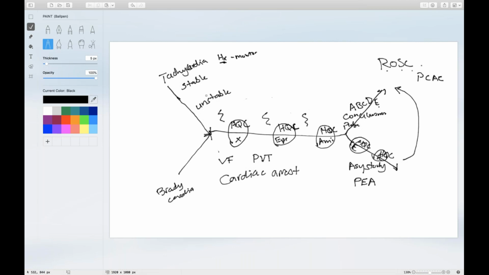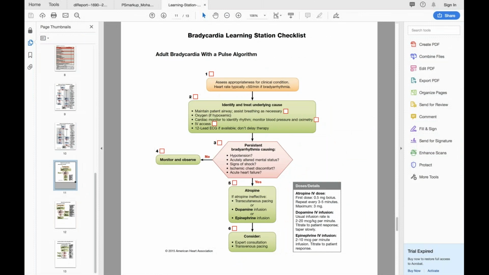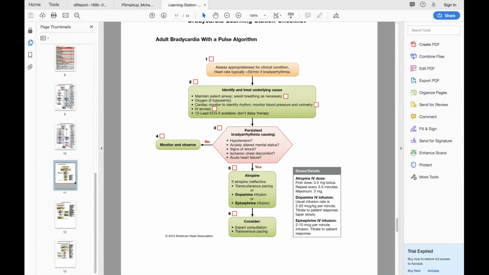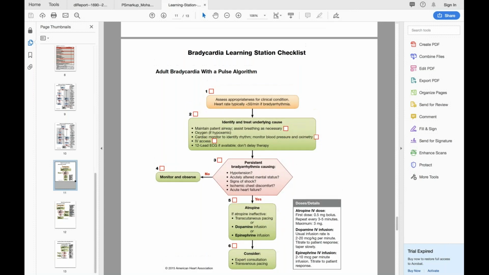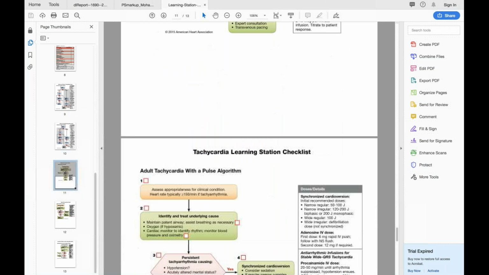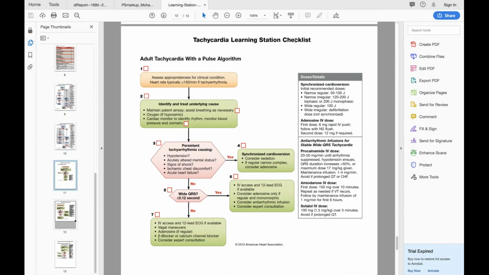How will we know he is stable or unstable? From the history and from some things that we will do. Even before we know that it's a tachycardia, we will assess the patient and know if he's stable or unstable. Let us see over here. This is the tachycardia learning station checklist.